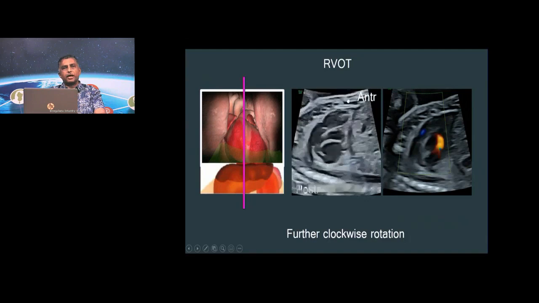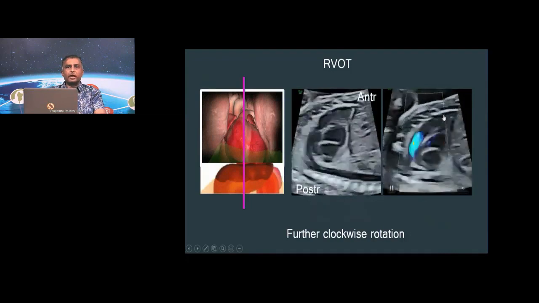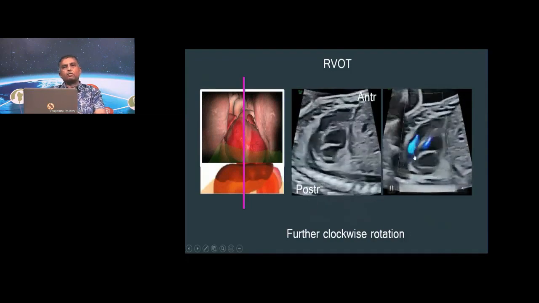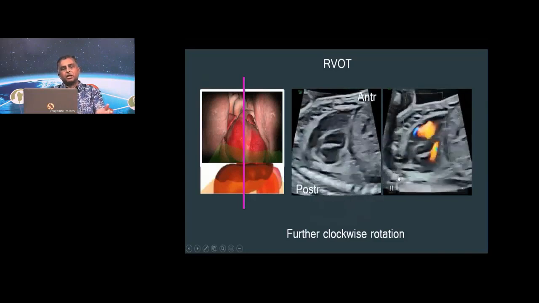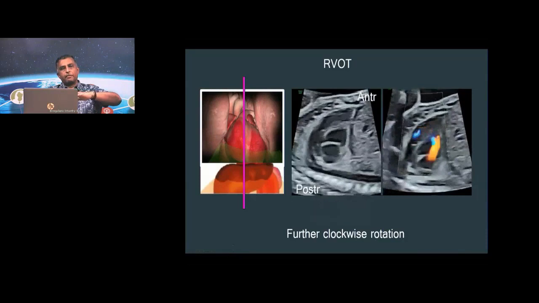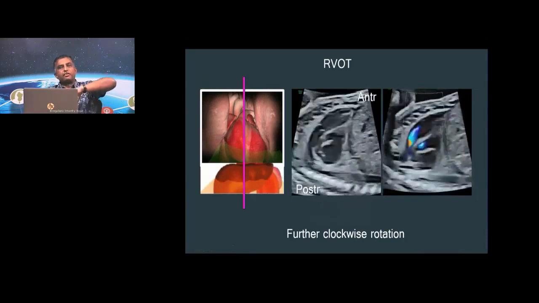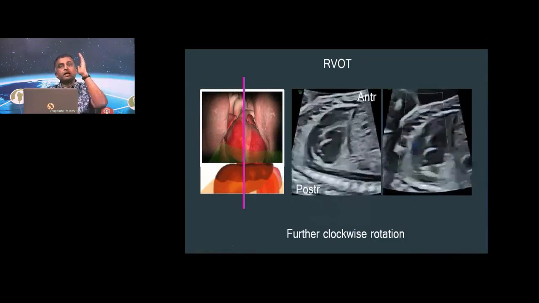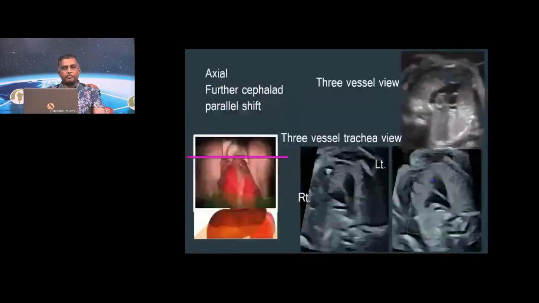So you see the sternum there, the anterior chest wall, the posterior chest wall, you see the spine there, and then you have the right ventricle and the pulmonary artery. So it's almost a mid-sagittal section. So axial view of the 4-chamber, then you move 45 degrees, LVOT, another 45 degrees is your RVOT.